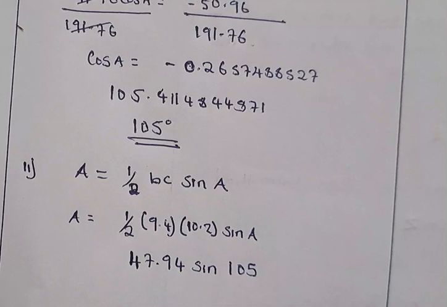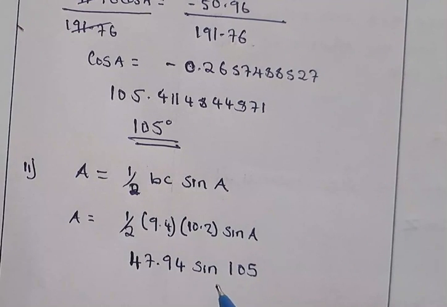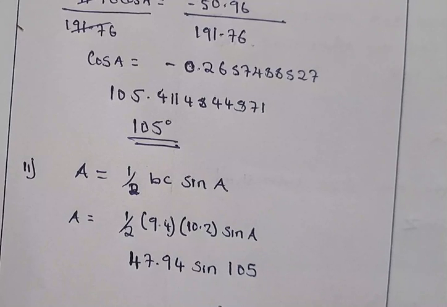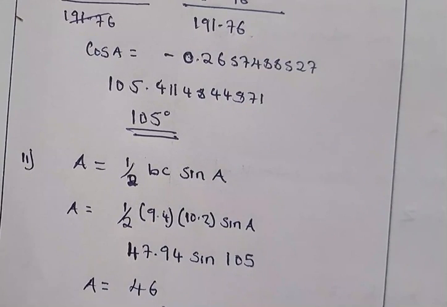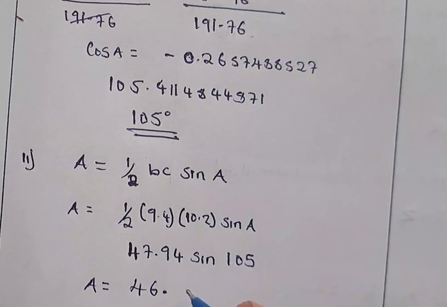Since we are looking for the area, we cannot punch second function. So just punch on a calculator sine 105, then after finding sine 105, just multiply it by 47.94. The answer that you're going to get is the area, and the answer is 46.3.